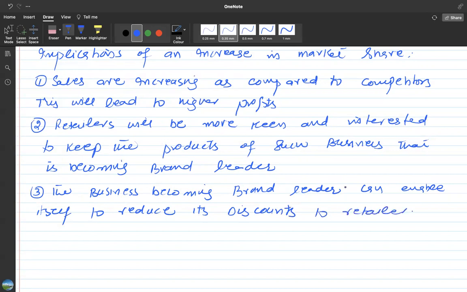It means if they were offering a product to retailers at a 20% discount, now they can offer a 10% discount. As a result, the profitability of the business will increase, because originally, giving a 20% discount on a $100 product, they were selling it at $80. Now they are giving a 10% discount, so they are selling to retailers at $90. So their profitability has increased.